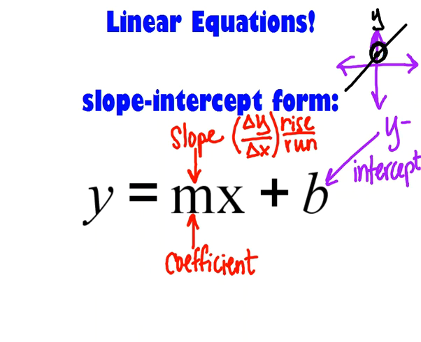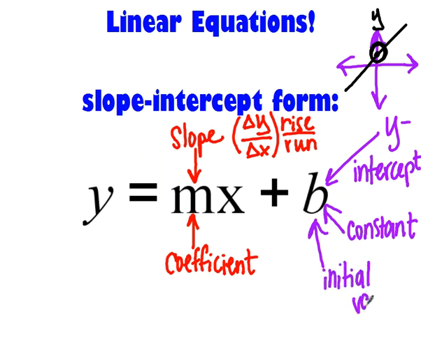So we can call it the y-intercept. If m is the coefficient, we can call this one the constant. Another term you may hear it called would be initial value. You're going to hear that more in a word problem.